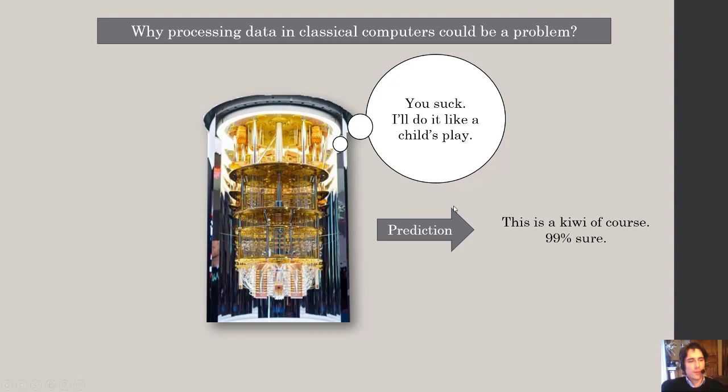This is why we need to use a quantum computer. So here is the first IBM quantum computer to be installed in Europe in 2021. And here we can see that this prediction is correct.